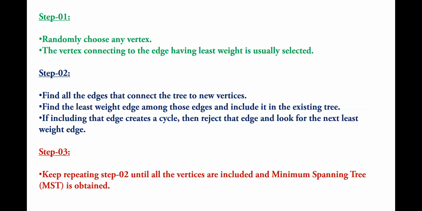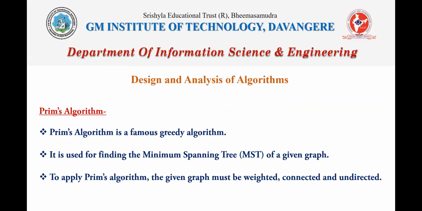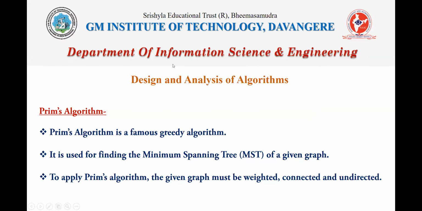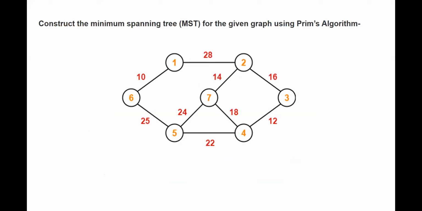Next, find all the edges that connect the tree to the new vertex. For example, see here. I start with vertex 6, or node 6.